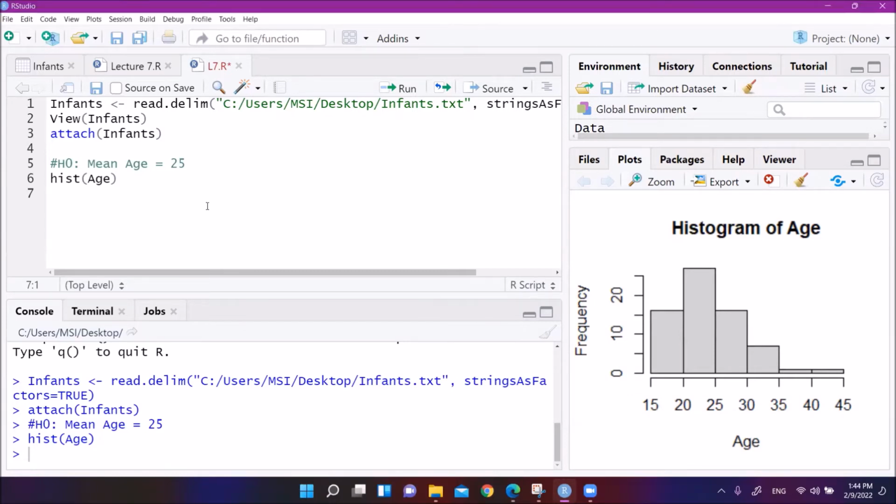Why? Because not every symmetric distribution is normal. For example, the t distribution is symmetric around 0, but it is not a normal distribution. So the condition is that data should be normally distributed if you want to perform a t-test.